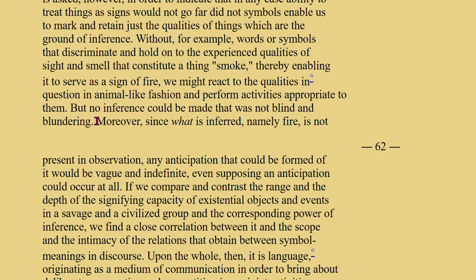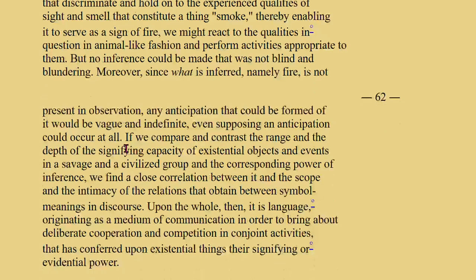So anyway, let's go on. Moreover, since what is inferred, namely fire, is not present in observation, any anticipation that could be formed of it would be vague and indefinite, even supposing an anticipation could occur at all.